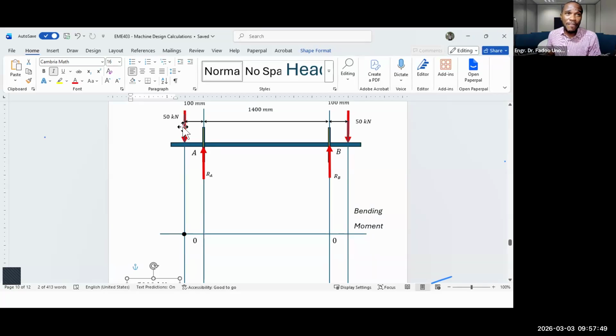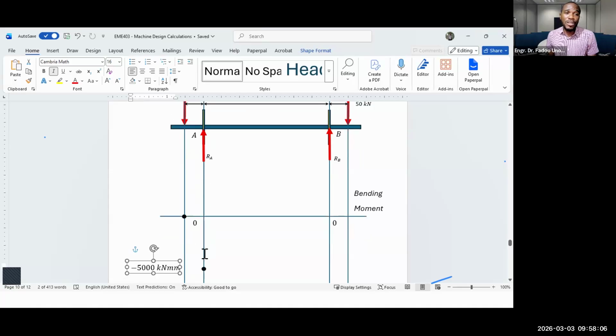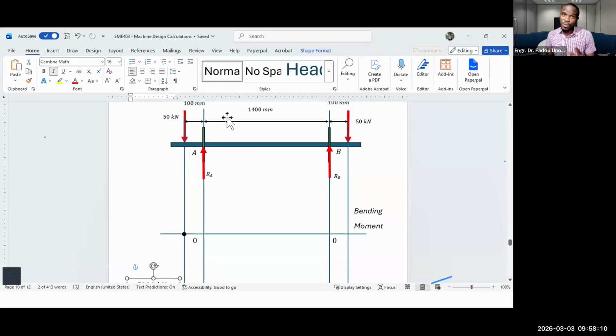I started with the leftmost 50 kilonewtons. There was no force acting on the left-hand side. I gave it a value of 0. When I came to the point A, the one force was acting on the left-hand side. You multiply that by 100, you have your value 5,000 kilonewton millimeters, but it was anti-clockwise. Then we move to point B.